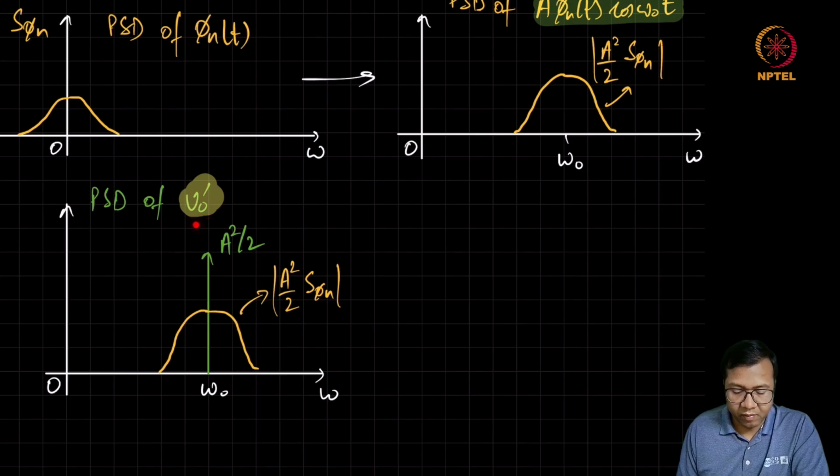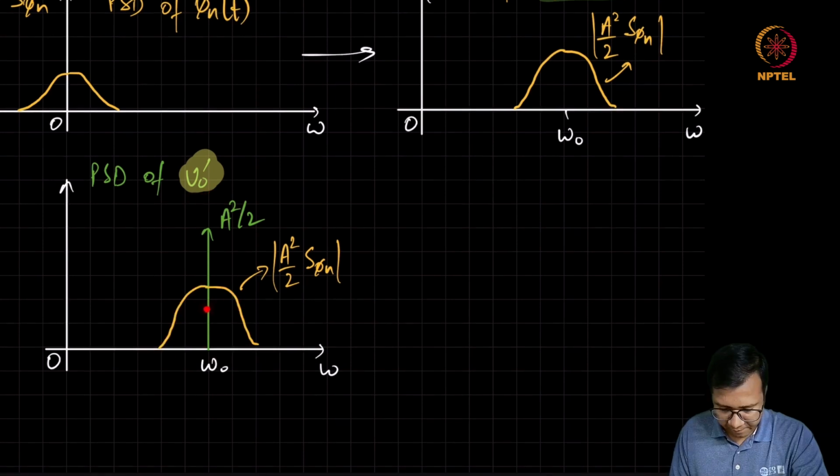If we feed the output of the oscillator to a spectrum analyzer, then it is going to show this kind of side skirts. So if we want to find the PSD of the phase noise, we can simply find the noise PSD at an offset from the center frequency omega naught and normalize it with the signal power at the output of the oscillator.